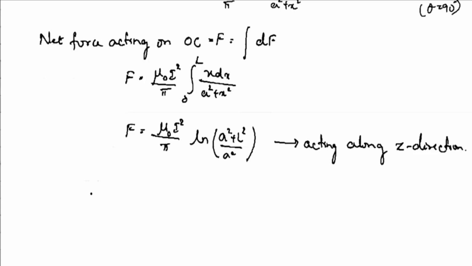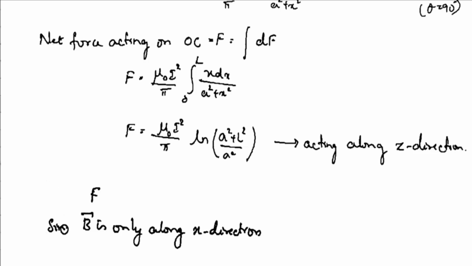So the magnetic field will be only along x direction, and since B is only along x direction, you have F along x direction becomes 0. So this is the answer for the last part.